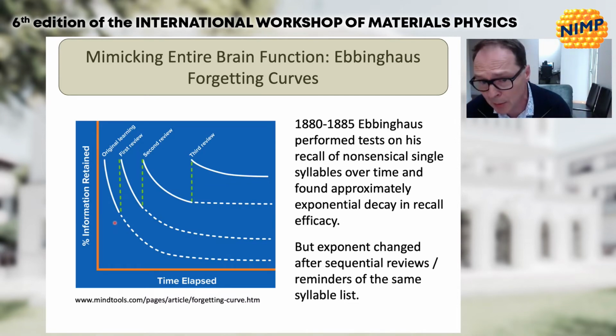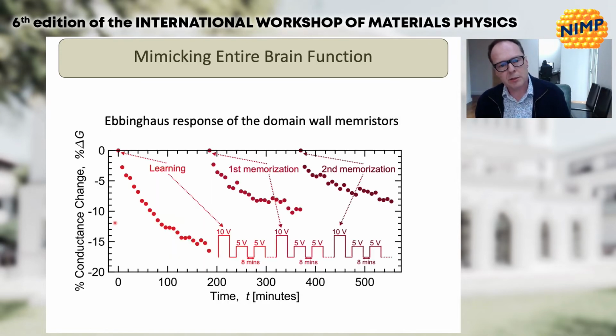I mean, this is not rocket science. This is revision for exams. Okay, so this is called the Ebbinghaus forgetting curve. Our memristors show similar behavior. So here is the first decay off in the memristive state as a function of time after we've set it initially. If we reset it, remind it what its set state was meant to be, then you can see that the fall off in the conduction level is much slower than it had been after setting it only once.